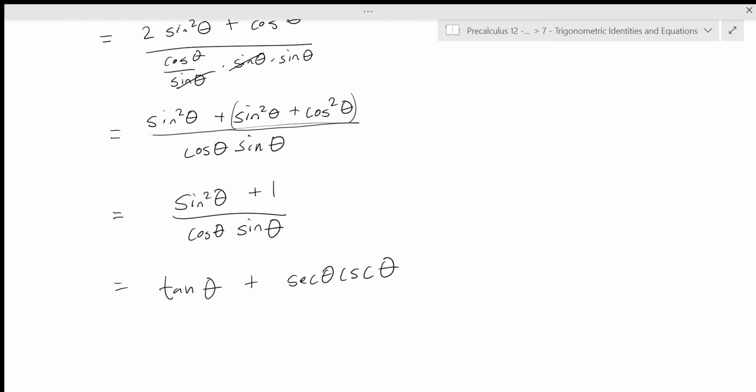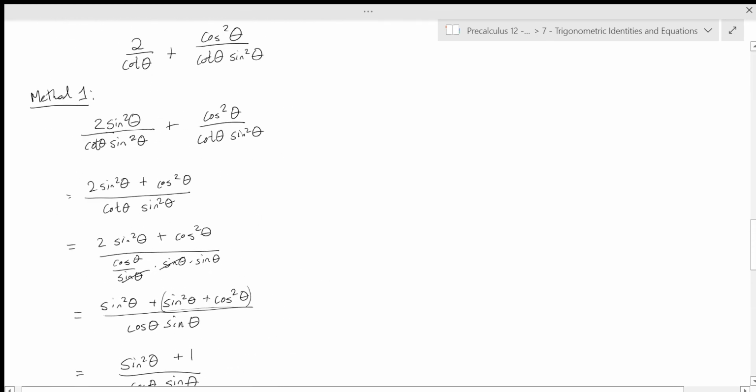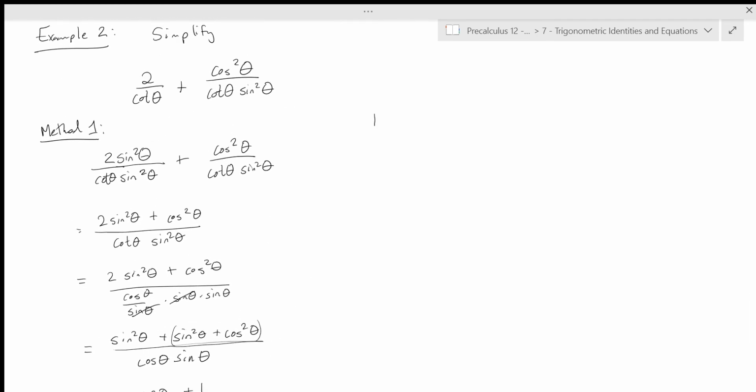Okay. So now let's look at a different way to do the same problem. So that was method 1. So method 2, we could start trying to take it apart immediately.